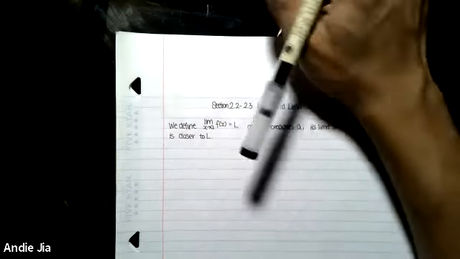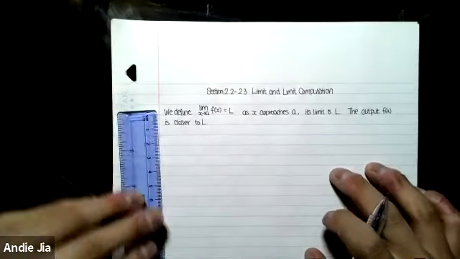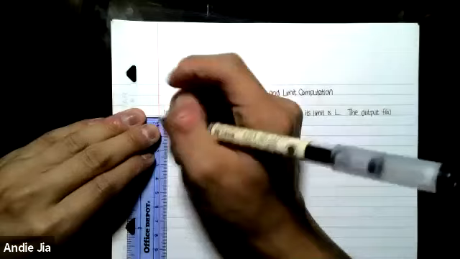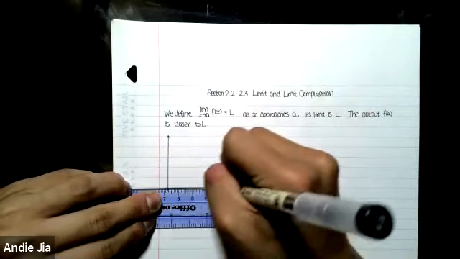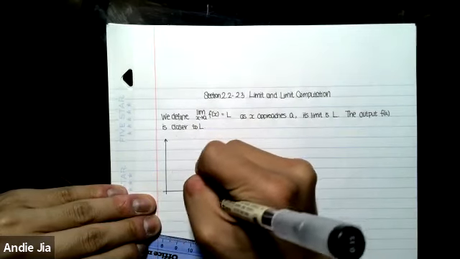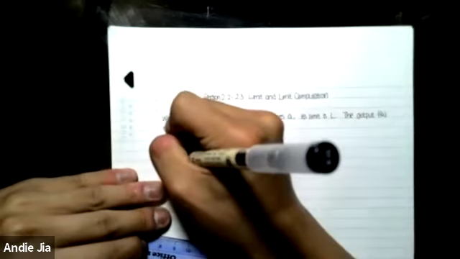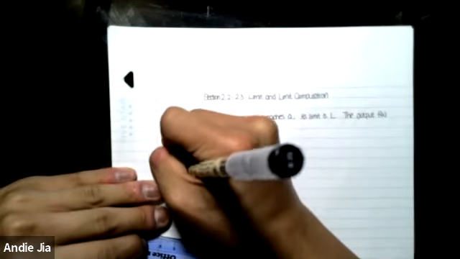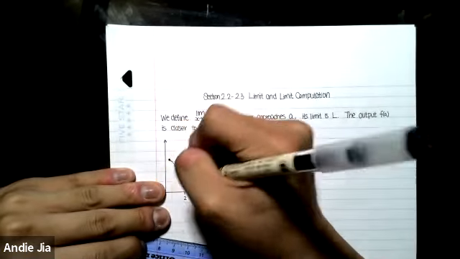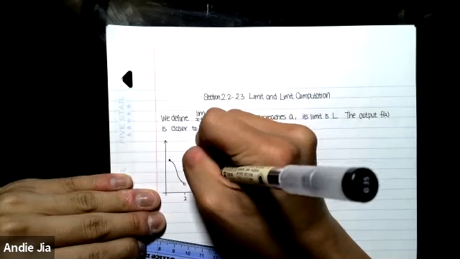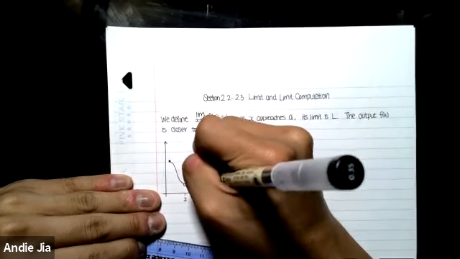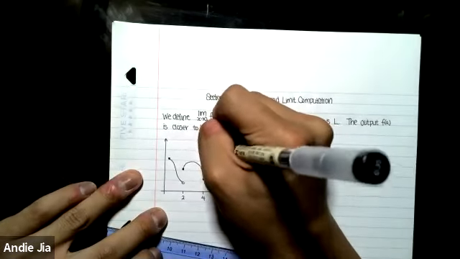For example, here we have a function, here's a graph of f of x.